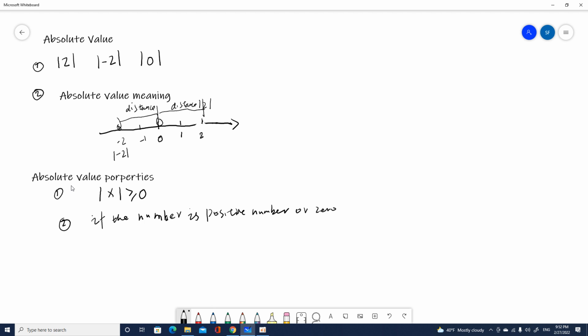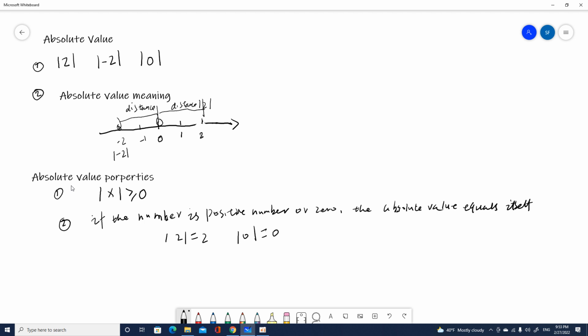So that means the absolute value equals itself. For example, we can see here 2 is a positive number, so 2's absolute value equals itself, which is 2. Or 0. 0's absolute value also equals itself, which is 0.